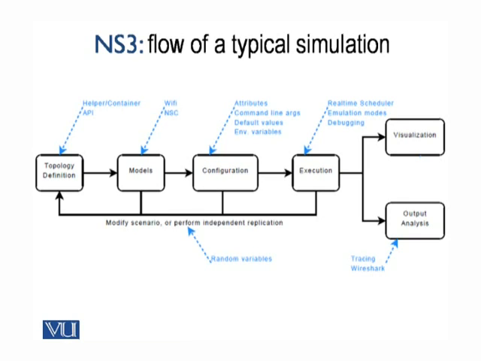And this NS3 is just a simulator. So everything that we've done earlier applies here. We need to define a topology. We need to configure our models, and we need to execute our simulation. And typically a single execution or a single run is not going to tell us a lot. So we need to perform multiple runs and then perform output analysis of it.